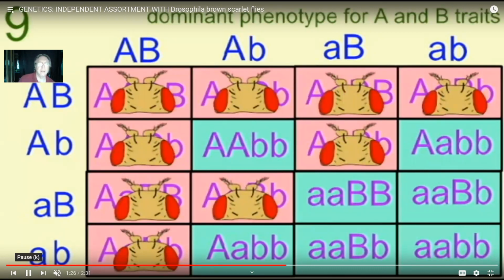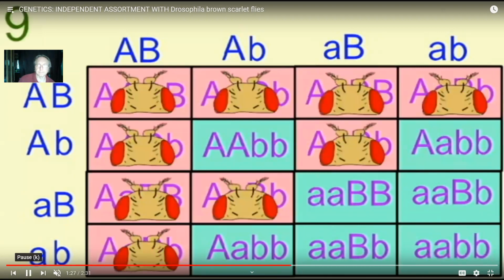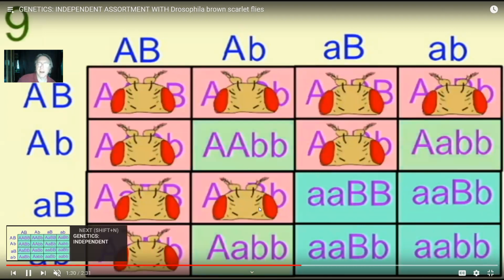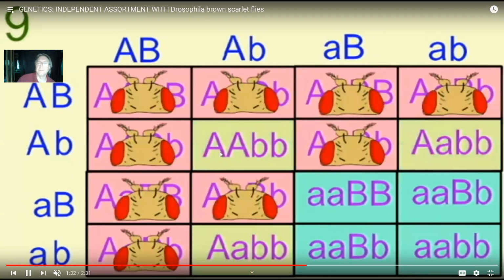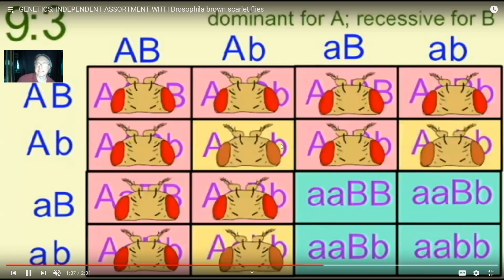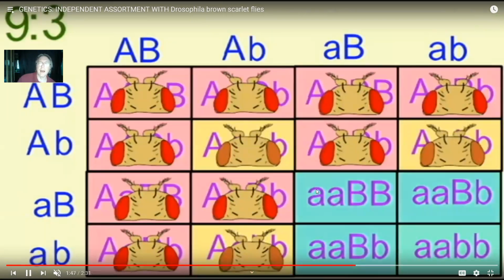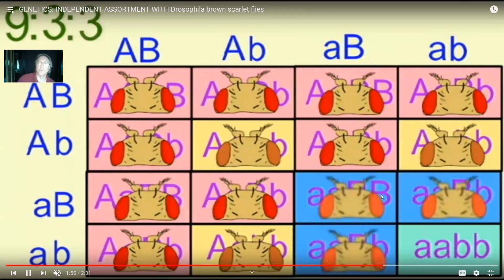Then 3 of the combinations would have a dominant allele for the first gene, but a recessive allele for the second gene. All right. They would have brown eyes. Here we have 3 combinations where they're homozygous recessive for the first gene and have at least one dominant allele for the second gene.